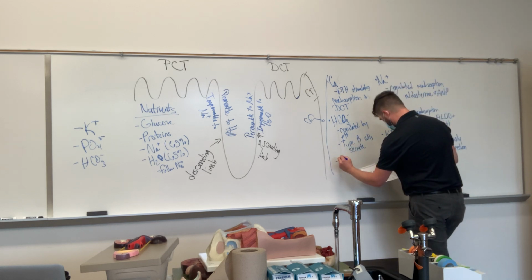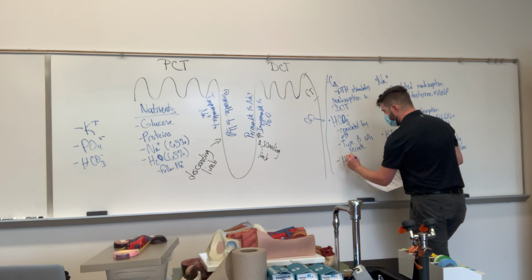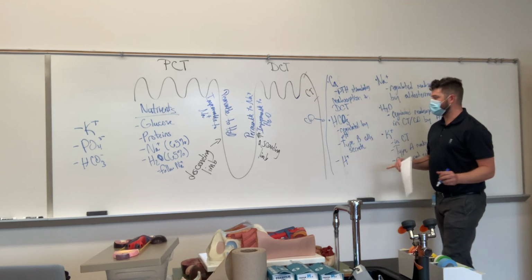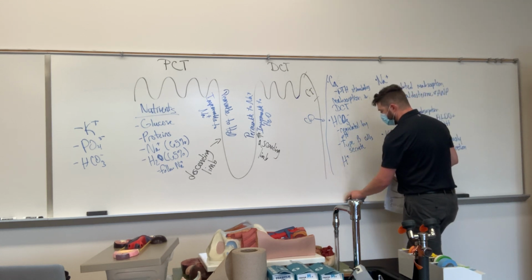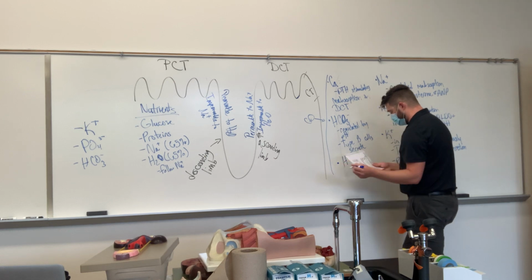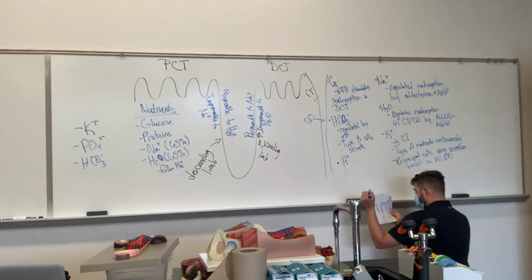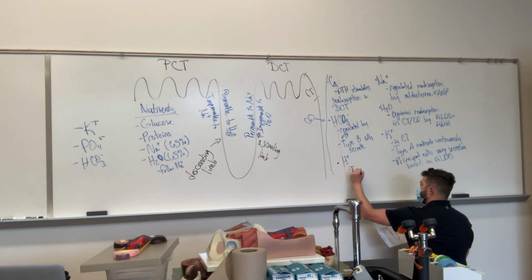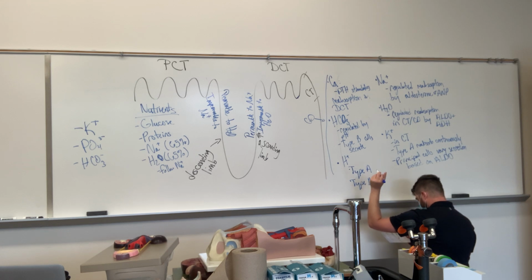And we have hydrogen. So your bicarbonate is going to be your buffer. Your hydrogen will make it more acidic. The type A cells and B cells work here. Type A and type B. Type A excrete hydrogen, and type B absorb it.